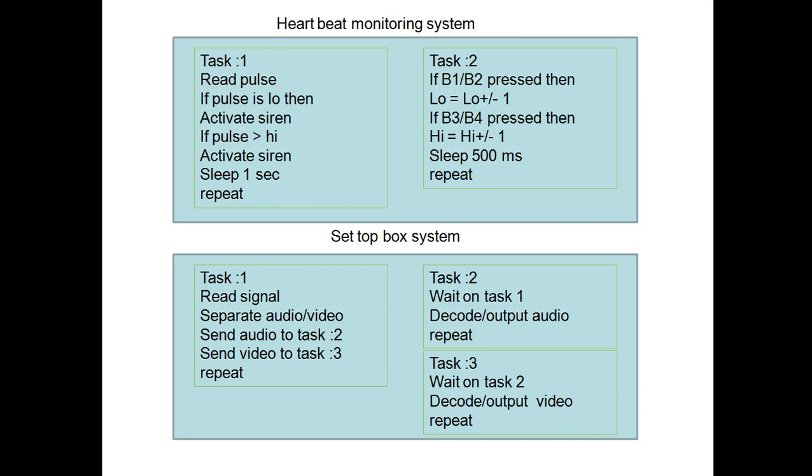In task 1, we first read the pulse. If the pulse is less than Lo, then activate the siren. It means at the lower end we will activate the siren, and if the pulse is greater than Hi, we also activate the siren. Sleep 1 second, repeat.